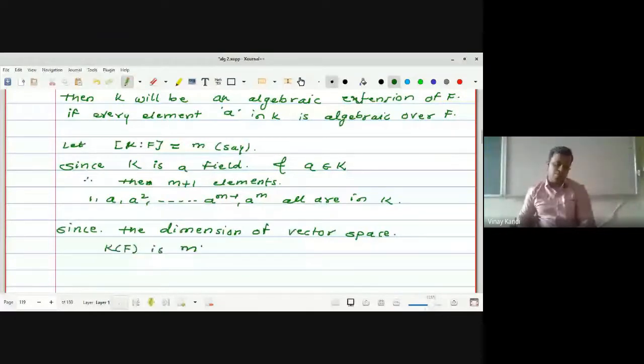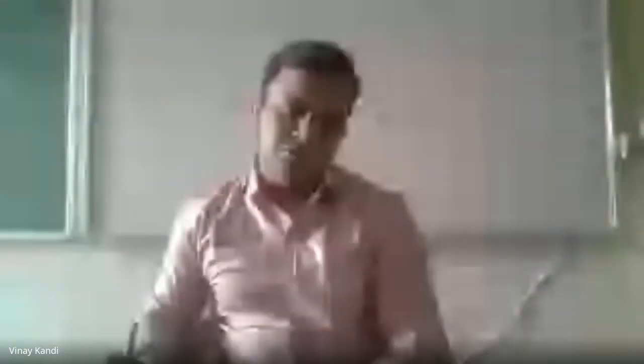Therefore, these m plus one elements of K, capital K, are linearly dependent over the field F. Any doubts up to here?